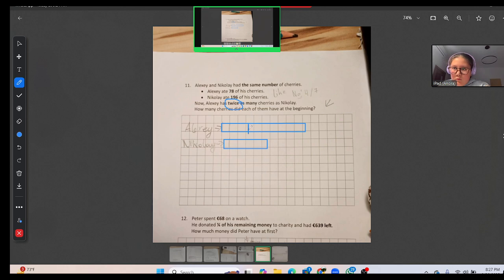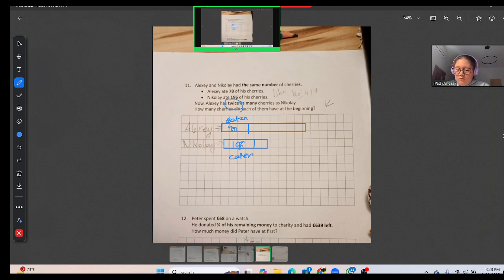Alexei has eaten 78. You would write eaten cherries. And Nicole ate 196. How many cherries did each of them have at the beginning?